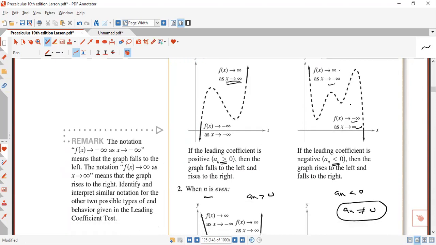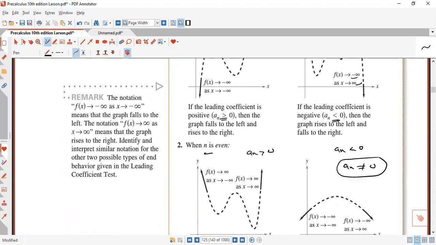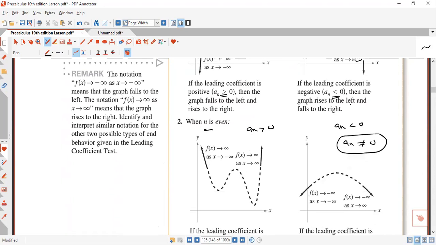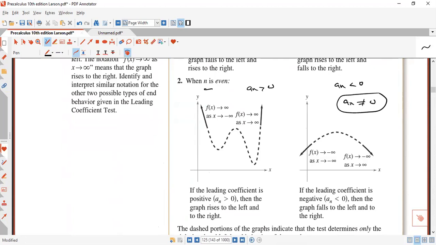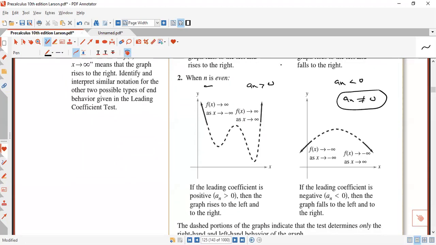So that is the same that we already discussed in the particular example. And again, for n even, and if the leading coefficient is positive, then the graph rises to the left and to the right.